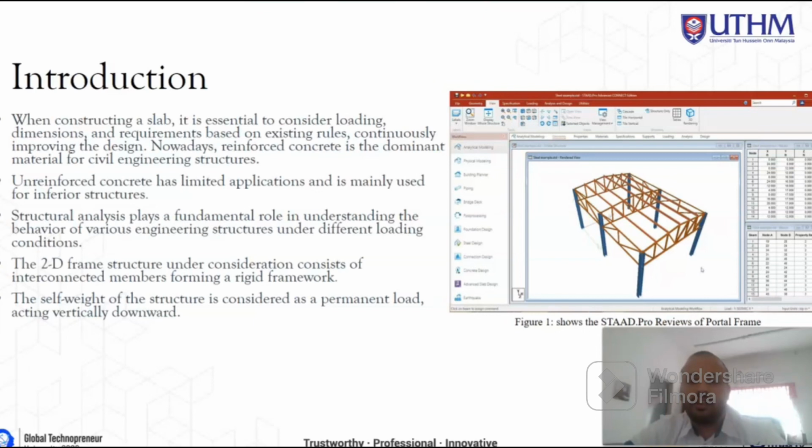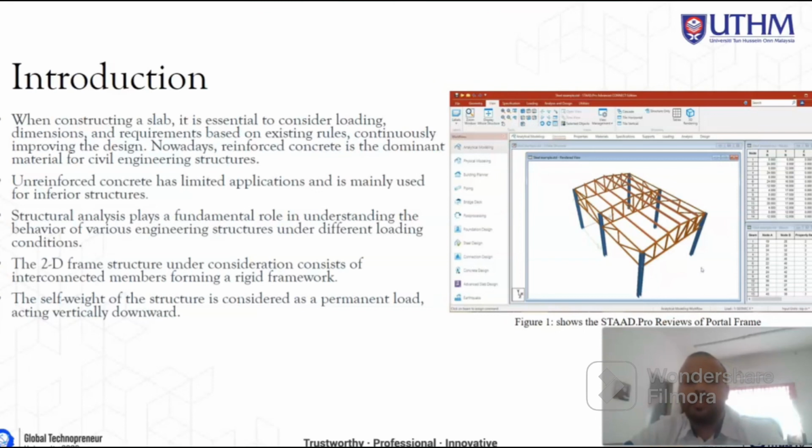In this analysis, we focus on a simple 2D frame structure constructed using mild steel, subjected to load cases of self weight and sway load applied at the top of the left-hand column. The objective is to analyze the structure deformation and determine the internal forces and bending moment.